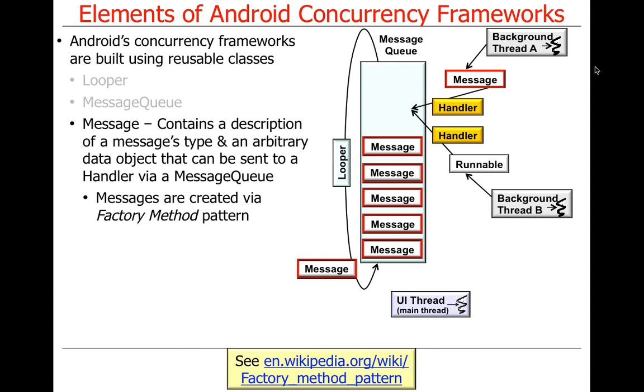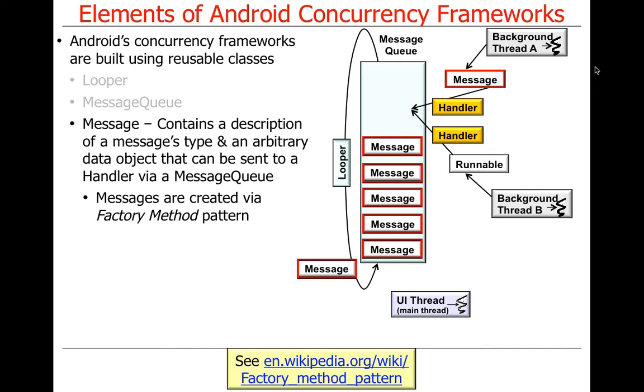Messages are not created directly. You never say new message. Instead, you go to the message class and you use a factory method called obtain message, or obtain, and that will go ahead and make you a message. And the reason it does that is that under the hood, Android's concurrency frameworks keep a pool of allocated messages. So for those of you who are taking the operating systems class, I think you talked about malloc somewhere in that class.